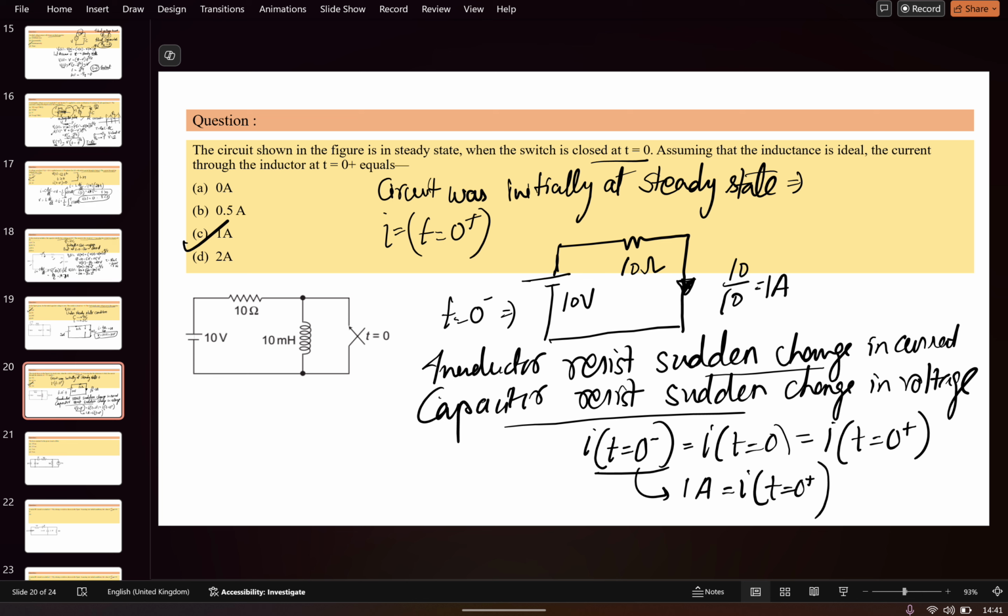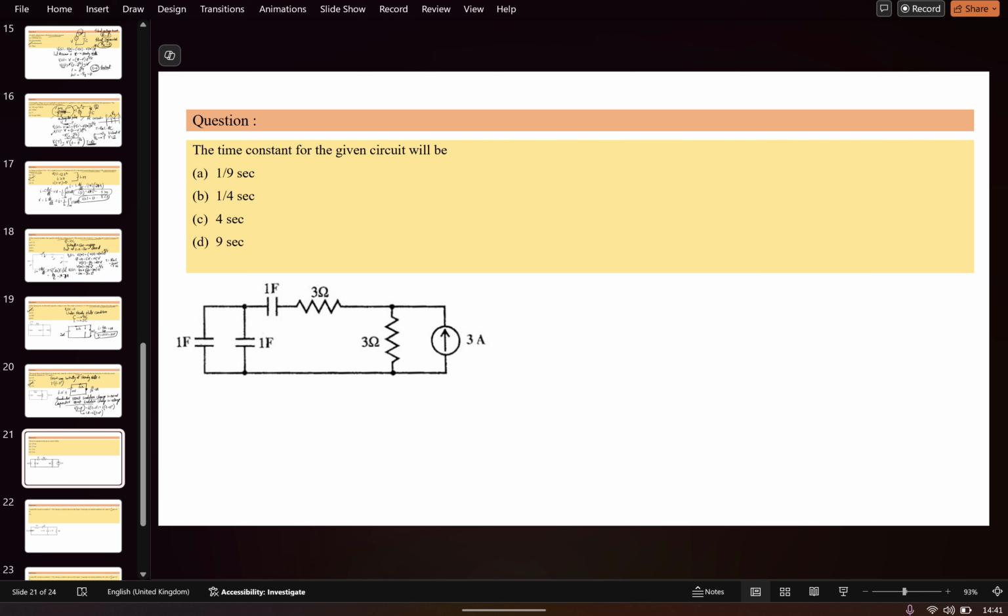Got it? Moving forward to the next problem, it is asking what is the time constant of this circuit. What I have told in finding the time constant is, just find the value of tau is equal to R_TH times C across the C. If there is a voltage source, it is short circuited.